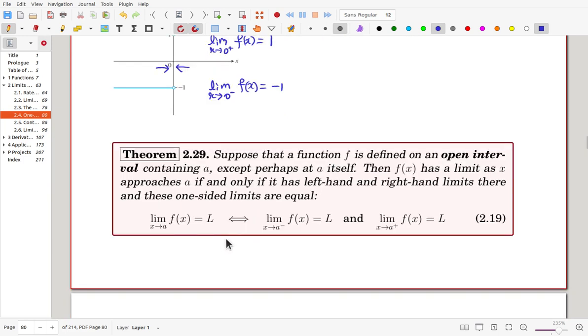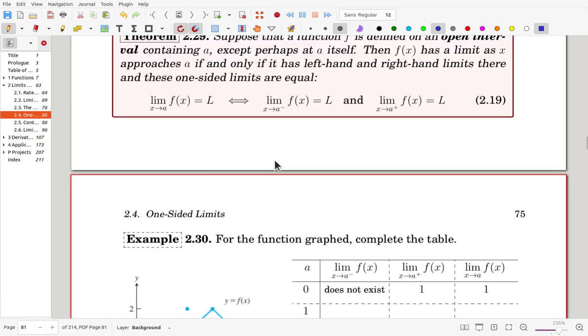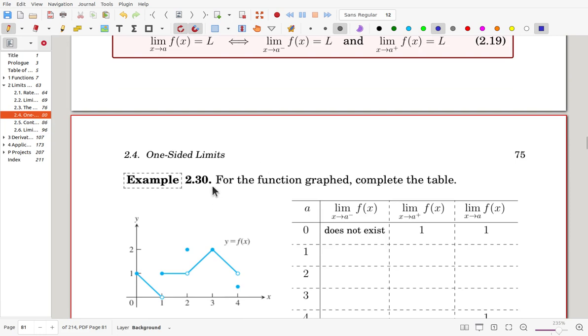That is the definition. The earlier definition for the limit is only defined on an open interval, so that around a, on the left-hand side and right-hand side, the values are in the domain. If we consider a one-sided limit, then we don't have to define the function only on an open interval.